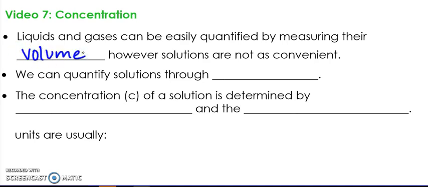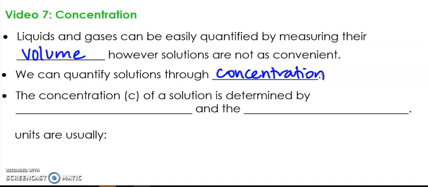However, solutions are not as convenient because remember, solutions are made of a solute and a solvent. So we can quantify solutions through what we call concentration. And this takes into account both parts.